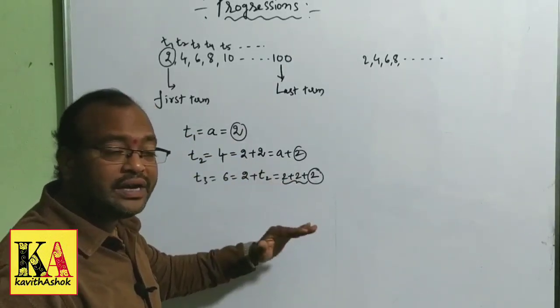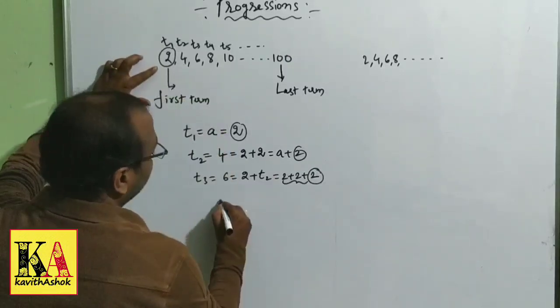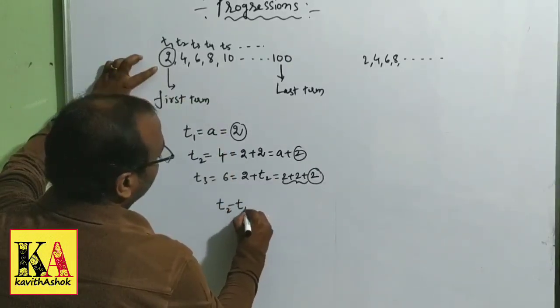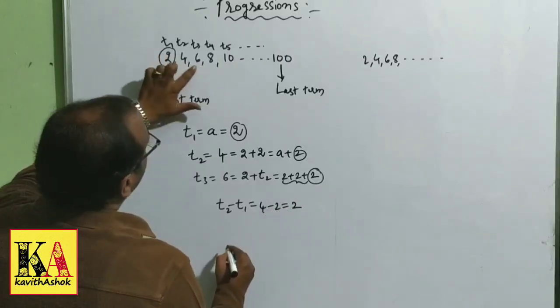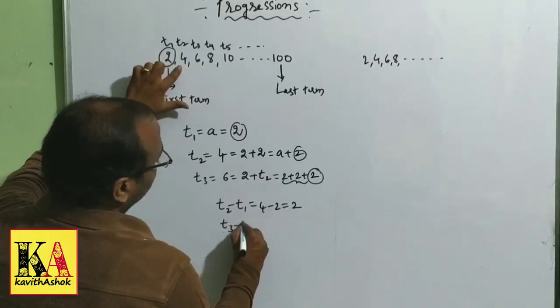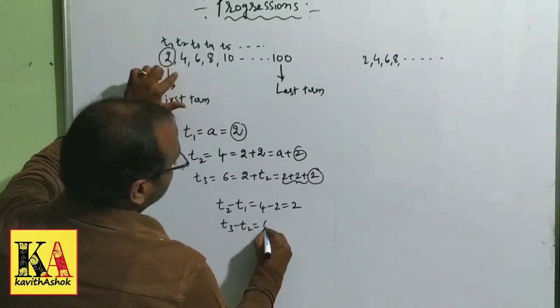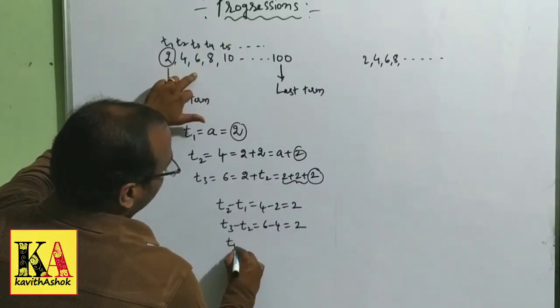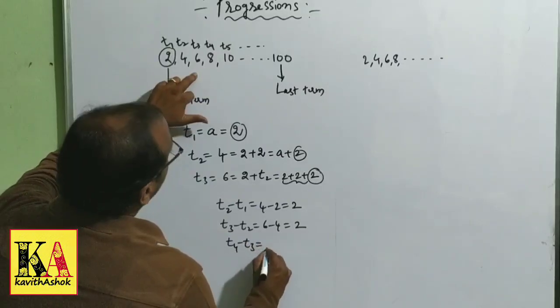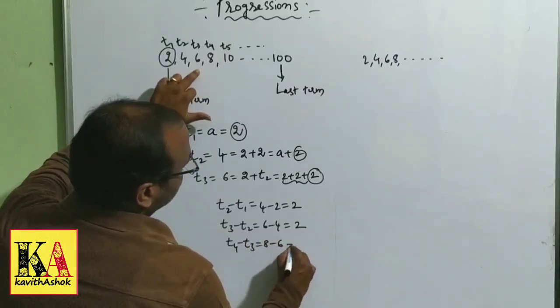Or the difference between T2 and T1 is 4 minus 2, which is equal to 2. T3 minus T2 is 6 minus 4, which is equal to 2. T4 minus T3 is 8 minus 6, which is 2.